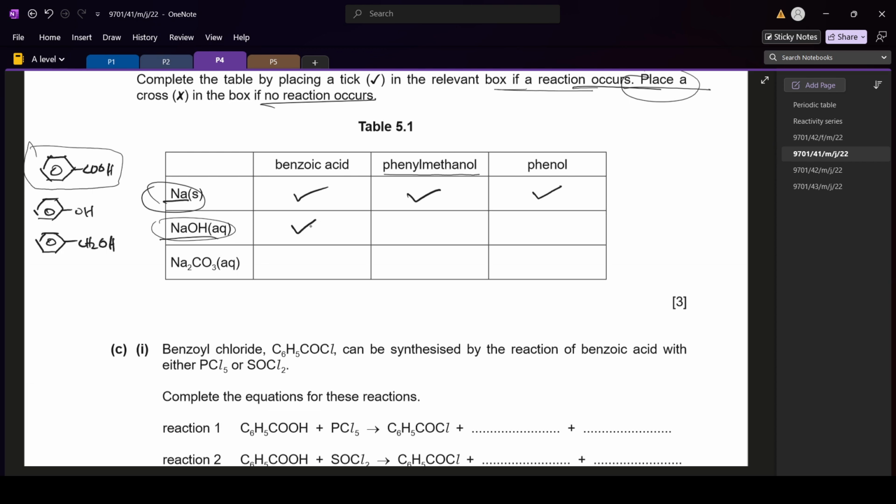With phenol, yes, the reaction will occur, but with phenyl methanol, no reaction occurs. With phenol, the reaction occurs because the lone pair on this O is delocalized into the ring.